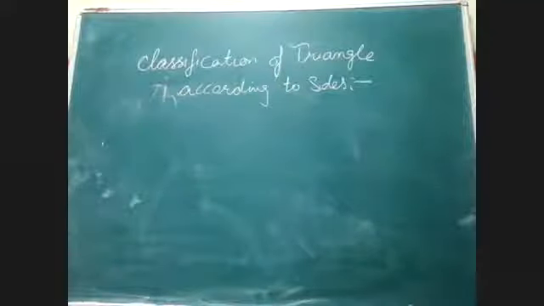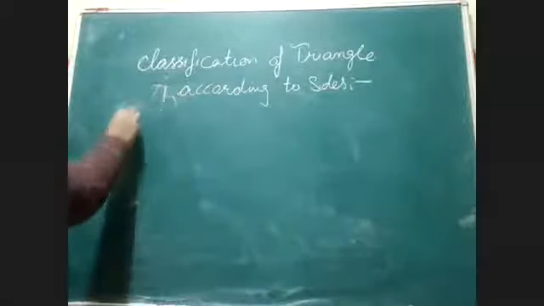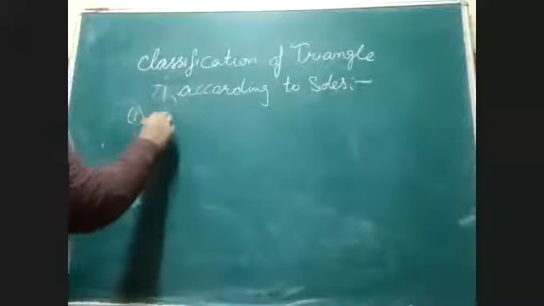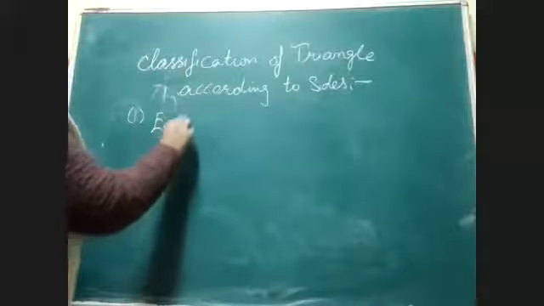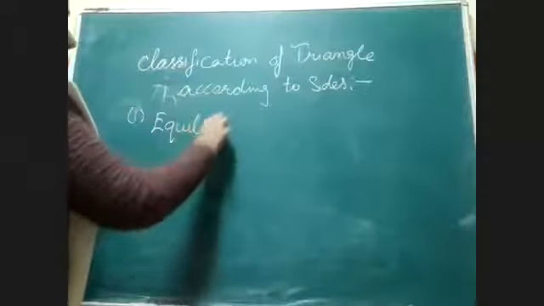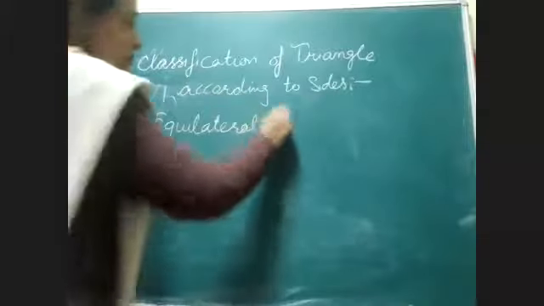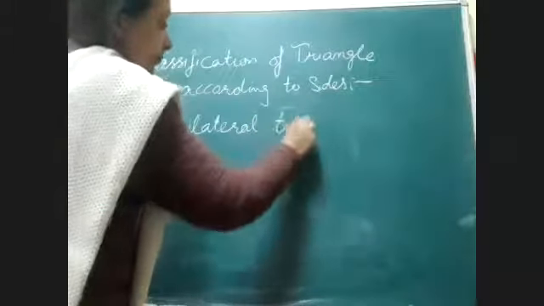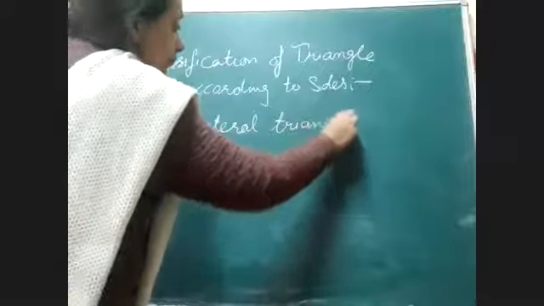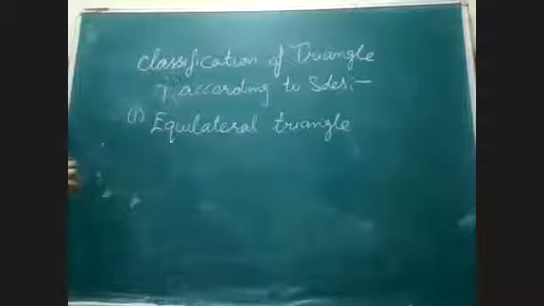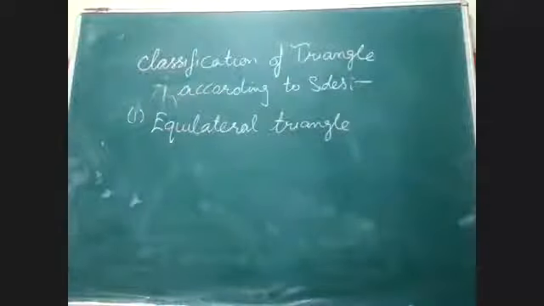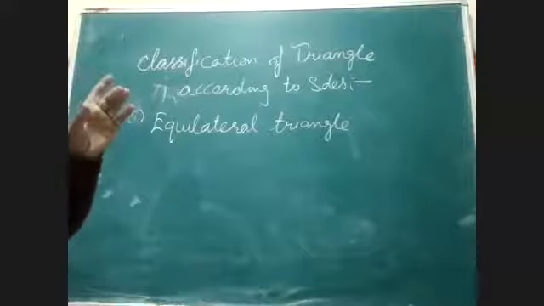First type is equilateral triangle. What is an equilateral triangle? If all the three sides of a triangle are equal in length.